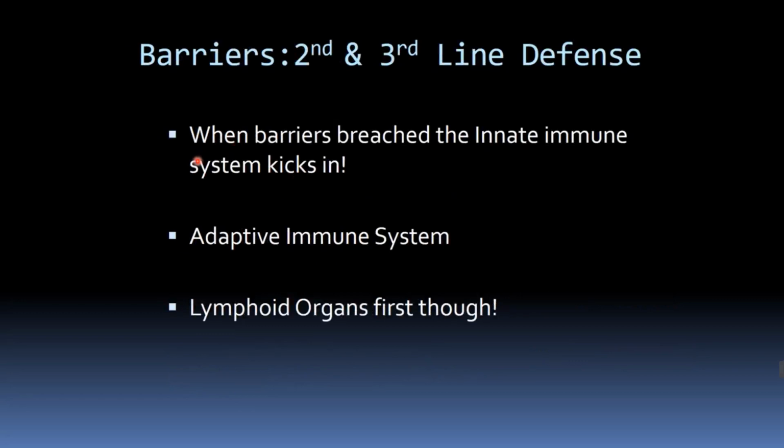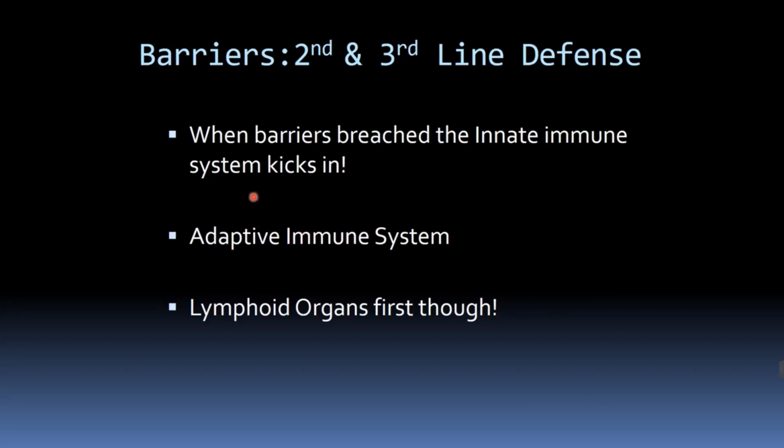But once the barriers have been breached, guess what happens? You got it. We have another system that can essentially kick in, and that's the innate response. The innate response, and we'll get to that in a few minutes. Following that and linking in is the adaptive immune system.